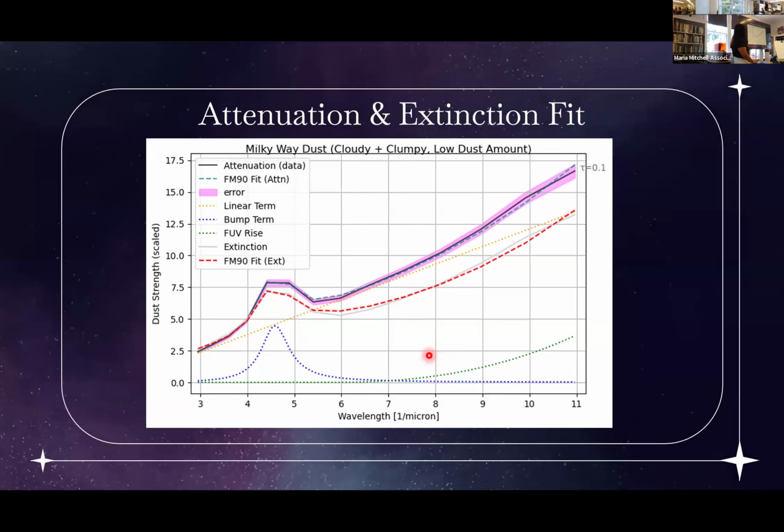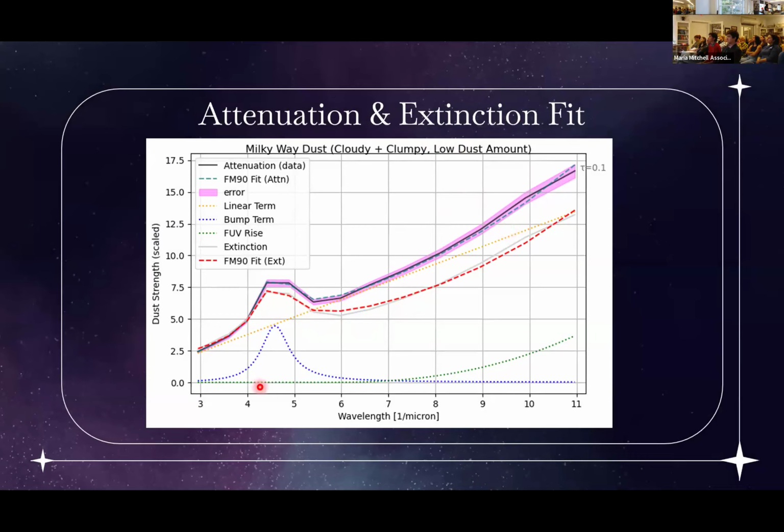Here's an example with the Milky Way dust, a cloudy, clumpy geometry with low dust amounts. This black line is the attenuation curve from our simulations, and the teal dashed line is the FM90 model fit.